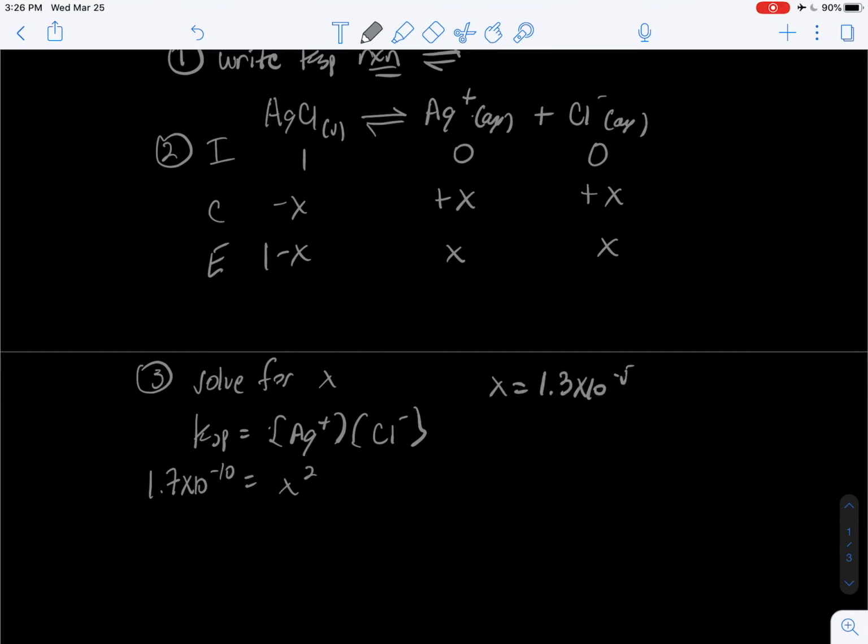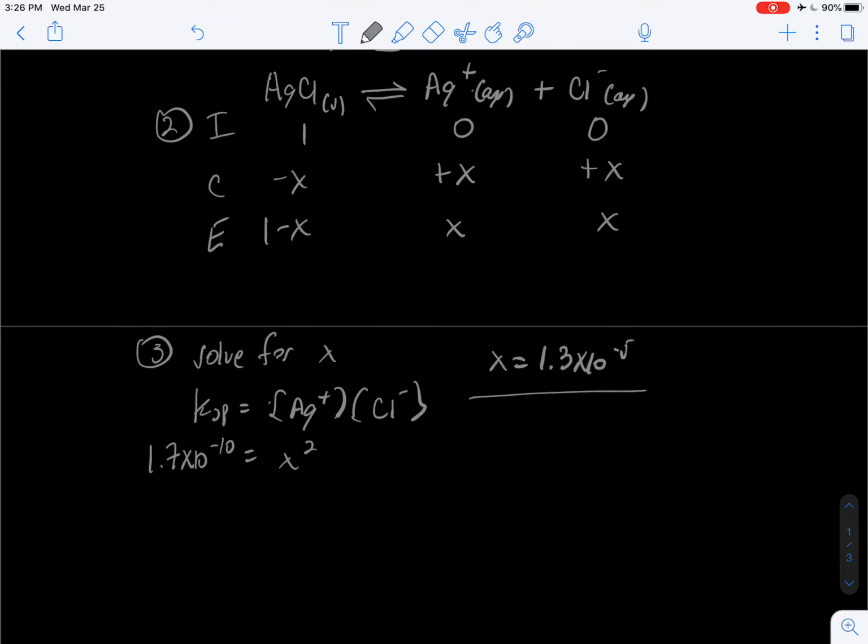Now, this is the solubility of silver chloride in pure water, okay? In pure water. Now, so this is review. I normally review before I start a class or something.